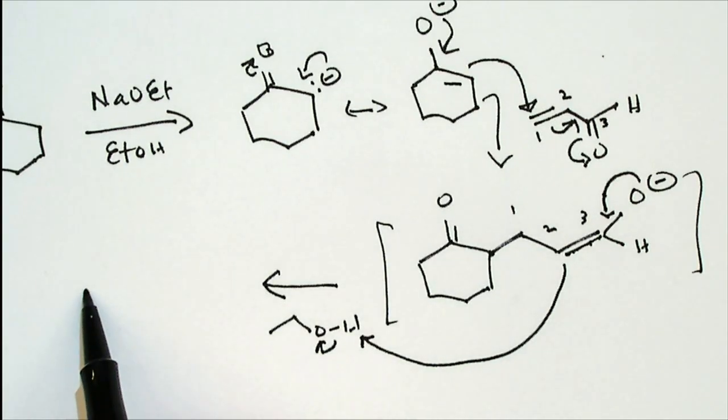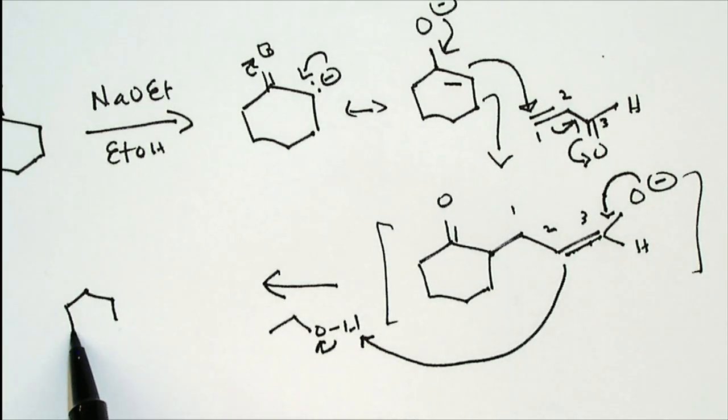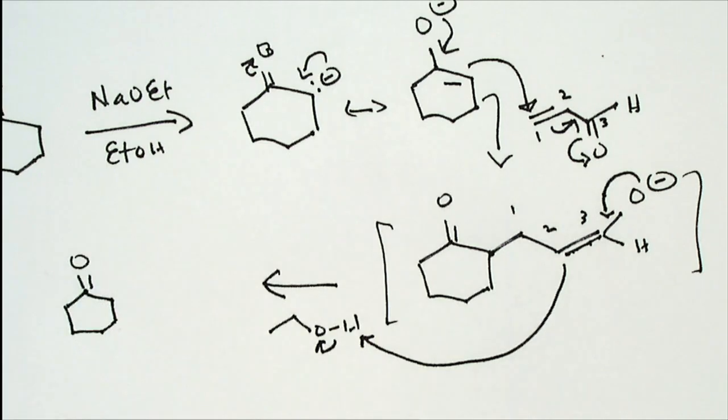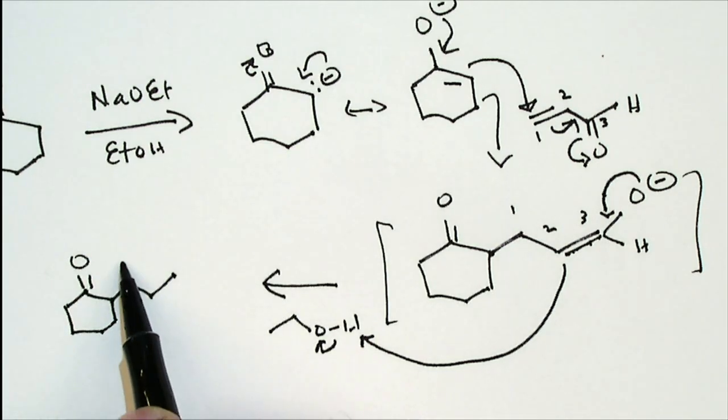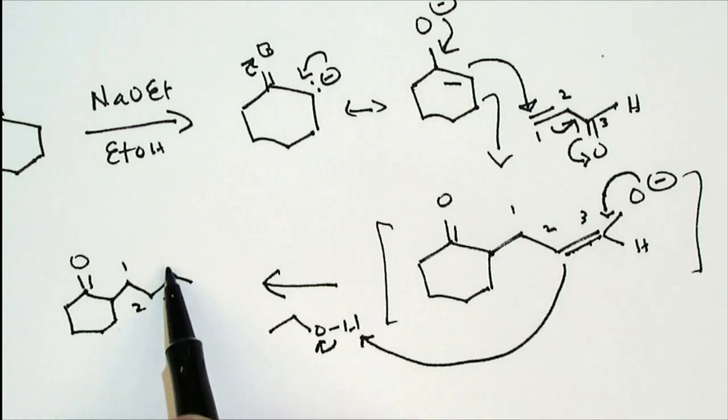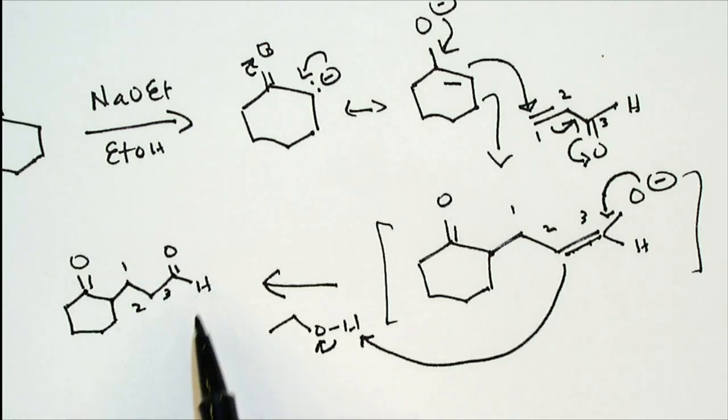So the product that you're going to get here is therefore going to be, right, 1, 2, 3, 1, 2, 3. You reform the aldehyde at carbon number 3, and that is a Michael addition.